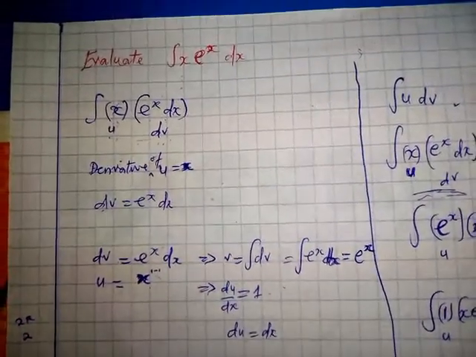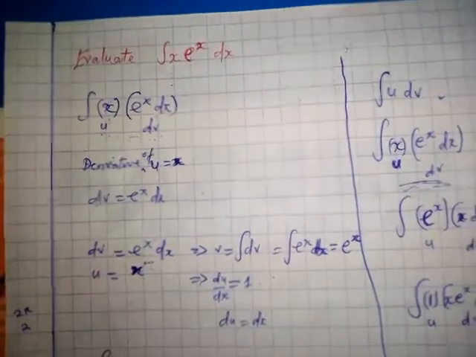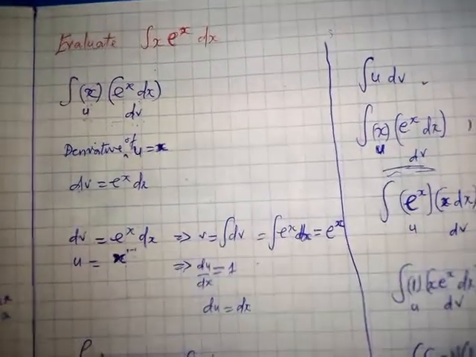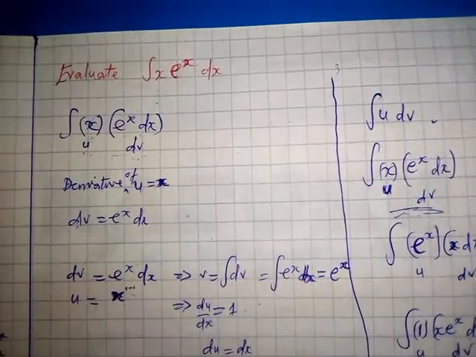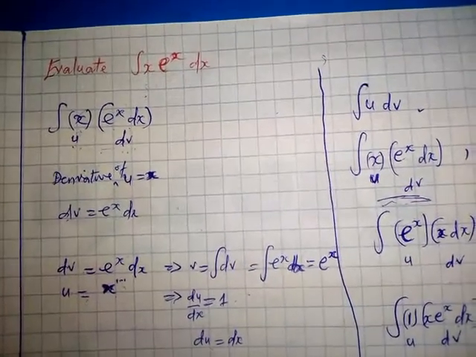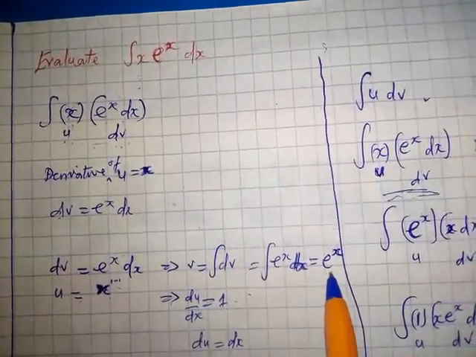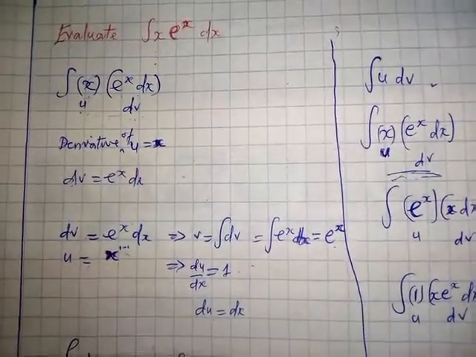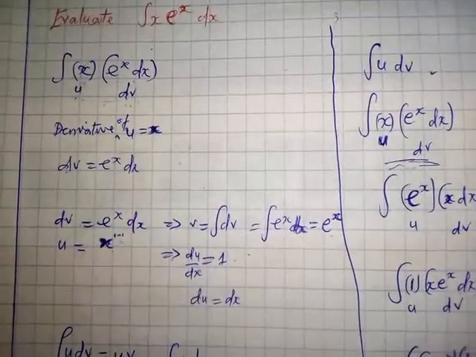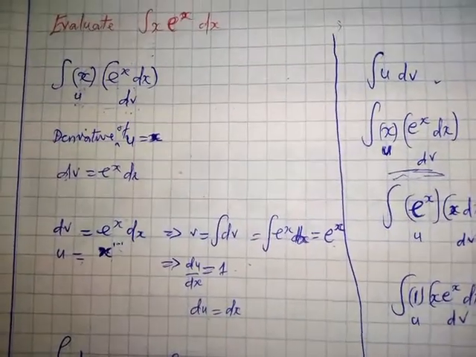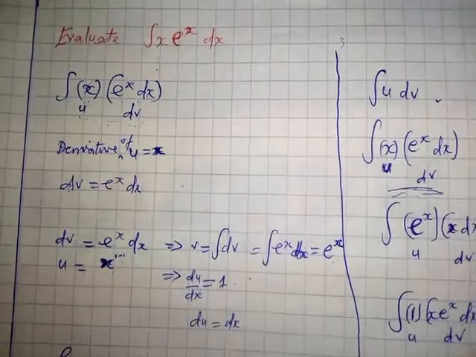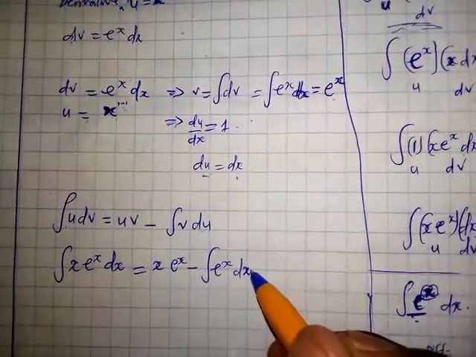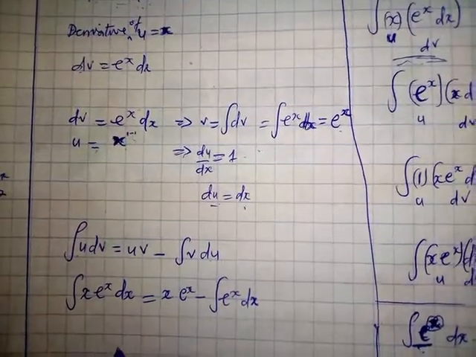So we have integration of x e^x dx is equal to, our u is x, then v is the exponential e^x, minus integration of v, which is e^x, du. Remember, du is equal to dx.